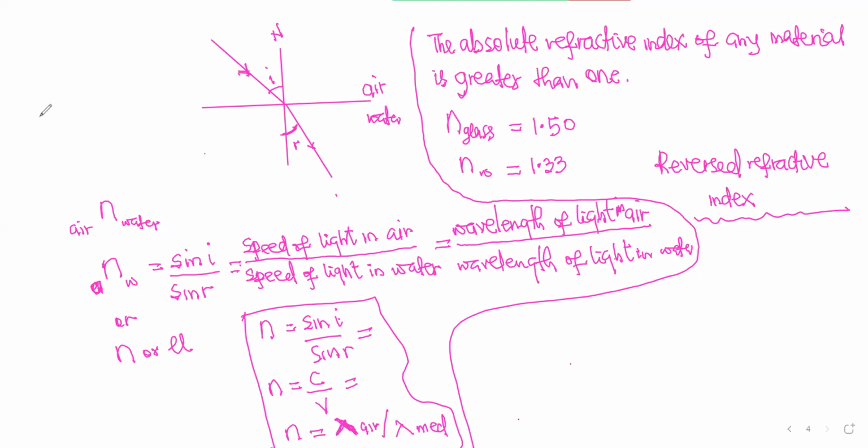So let me quickly draw a diagram and then reverse the path of light. So this is the normal. This time we are reversing the path. Earlier it was from air to water.